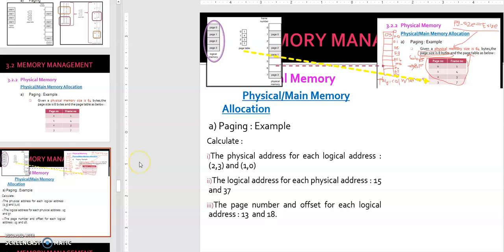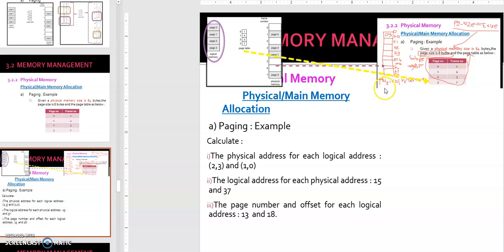Okay, so we're back in part 3 of paging. What have we done in the second video? We have drawn our physical memory. The question says, given a physical memory size of 64 bytes, the page size is 8 bytes, and the page table is given below.